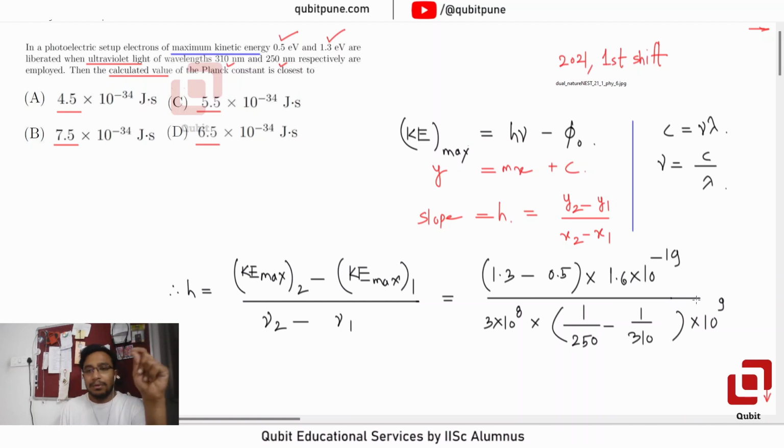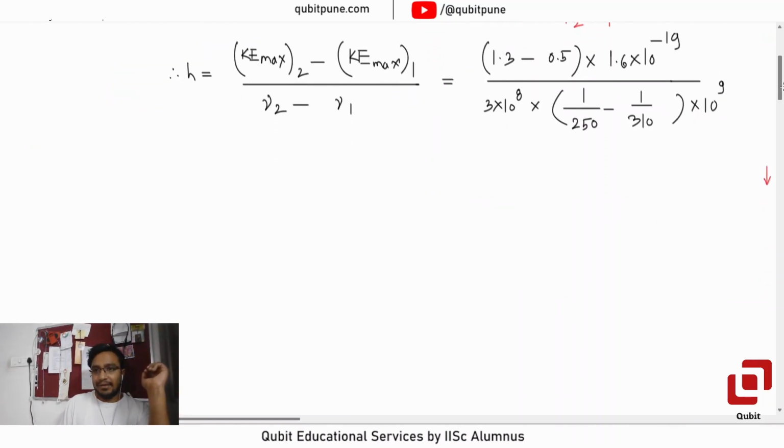Now what we need to do is just calculate the stuff and look for the correct number, rather the number that is to the left of the decimal point. Okay, fine. So let's now do the calculation. 1.3 minus 0.5 is 0.8, right? So that will be 0.8 into 1.6. Let us write down the powers of 10 separately.